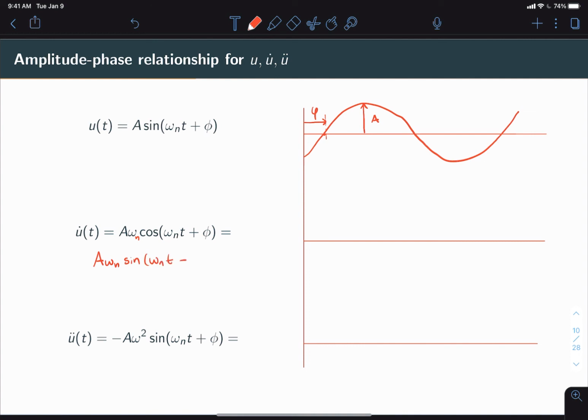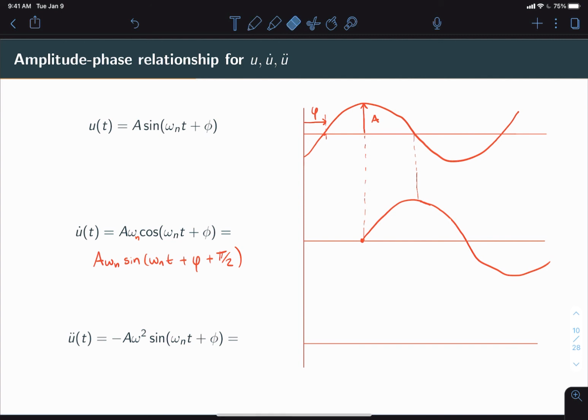So we get a phase shift plus an additional pi over 2. So pi over 2 is 90 degrees, or a quarter of a cycle, so essentially we shift that signal by a quarter of a cycle. So we have now the 0 point lining up with the peak of the displacement. And the 0 crossing on the displacement is going to line up with the peak of the velocity.